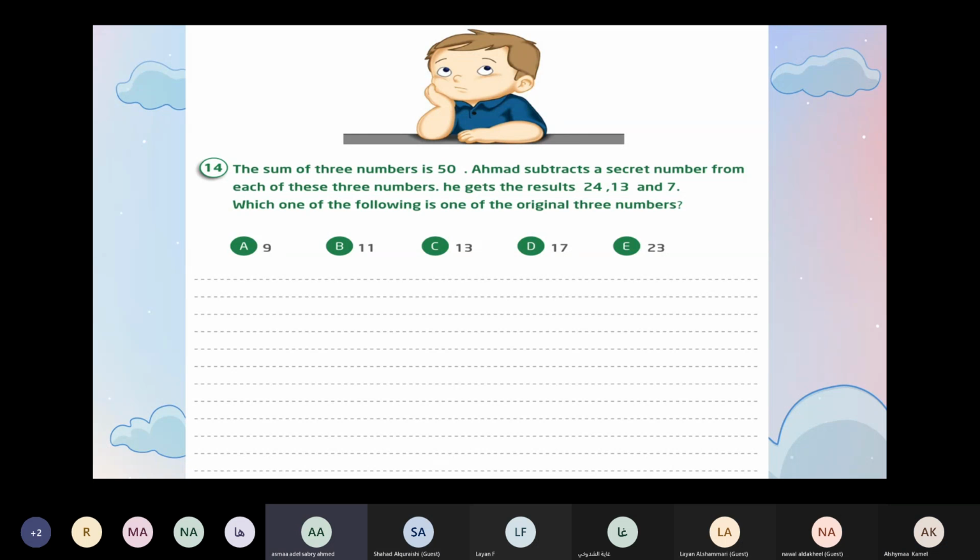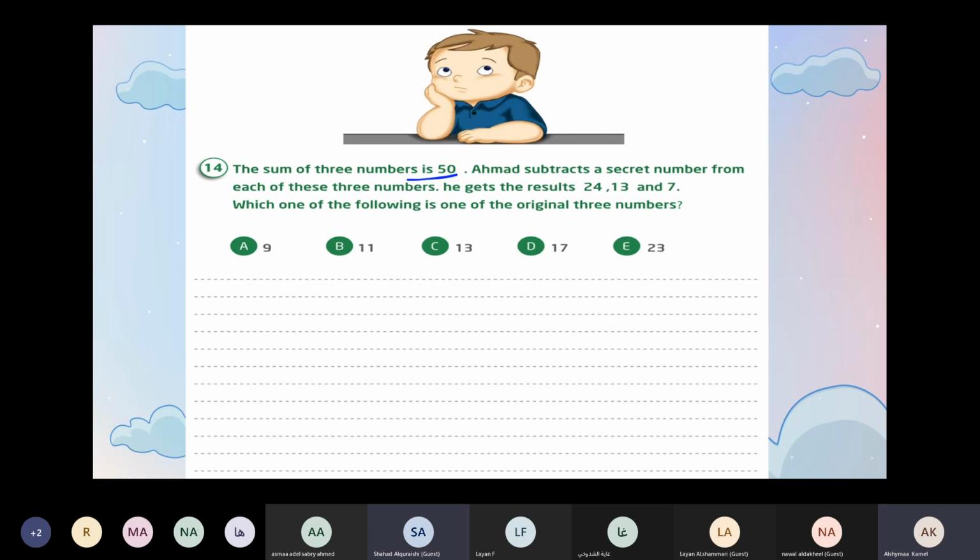Ahmad subtracts a secret number from each of these three numbers, he gets the results 24, 13, and 7. Which one of the following is one of the original three numbers?